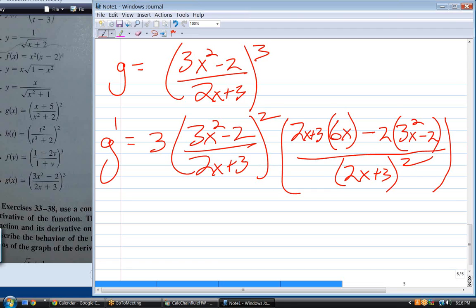Because, let me think for a second. If we distribute this, notice that we have a 2x plus 18x, so that's 20x, minus 6x squared plus 4.